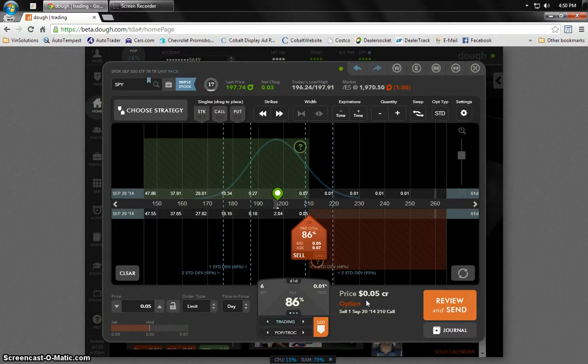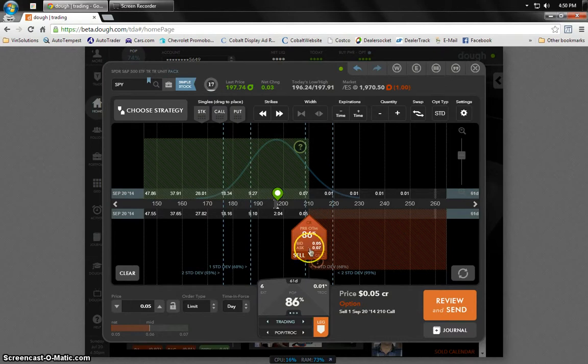That's 5 cents per contract or $5 per contract, because they're betting it'll be higher than this. You're betting it'll be below. That's why everywhere it's green is your profit, and everywhere it's red is where you'd lose money.